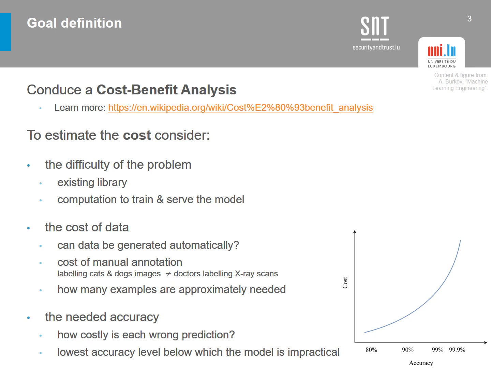As we can observe, to achieve a lower accuracy level doesn't cost a lot, but the cost to go from 99% to 99.9% is really very high. So the increase in cost will be much higher when we want to increase the accuracy.